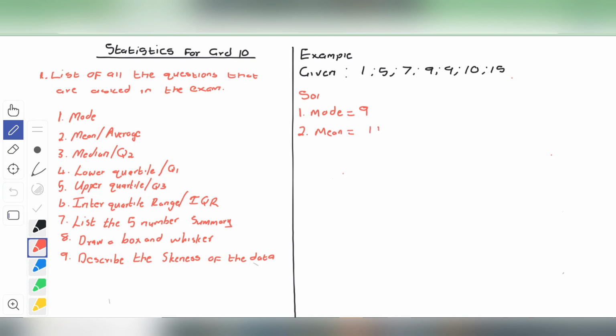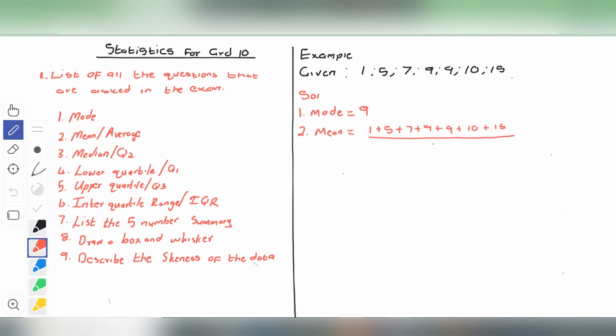We are going to add all the data set, which is 1 plus 5 plus 7 plus 9 plus 9 plus 10 plus 15, and then divide by the number of values in the data set, which is 1, 2, 3, 4, 5, 6, 7.